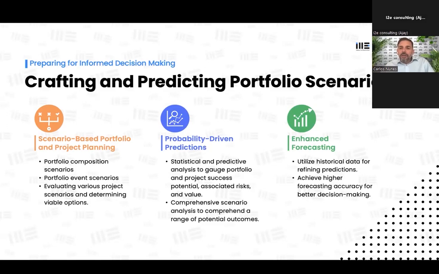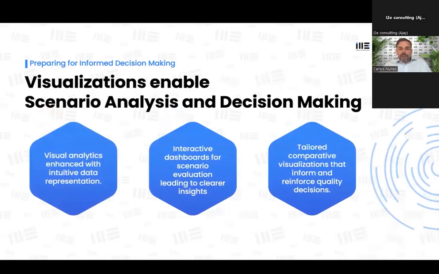And then the other end of the scenario focus is to learn from our past experience and leverage our historical data to refine our predictions and continue to get better at how we forecast our potential future. Our skill at I2E is data integration and visualization.